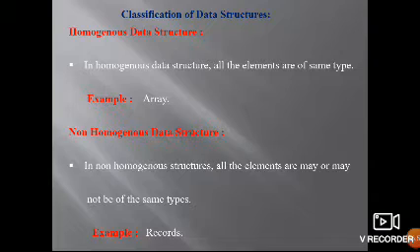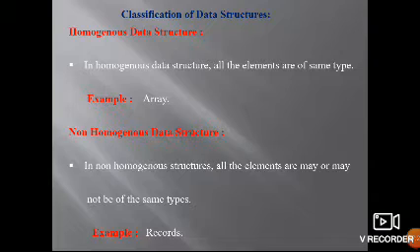In non-homogeneous data structures, the elements may not be of the same type. A data structure which contains multiple types of data is called non-homogeneous. Examples are structures or records.